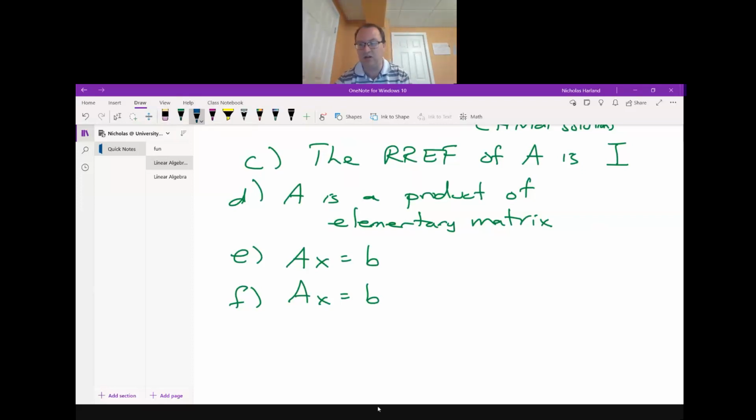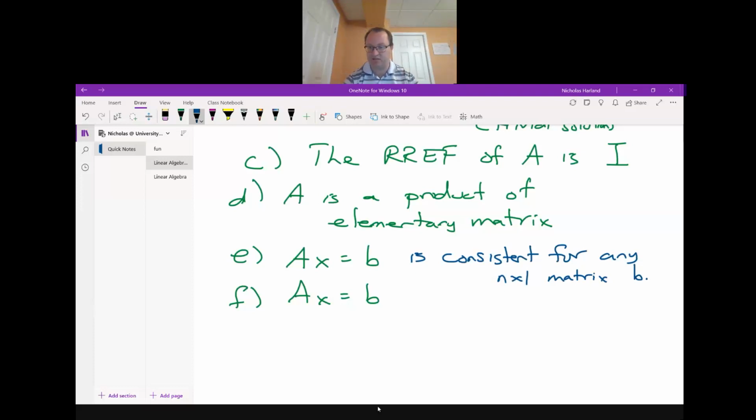So first of all, is there going to be a solution? Well, we just saw that there is. So AX equals B is consistent for any n by 1 matrix B. Again, A is a square matrix, let's say an n by n matrix.